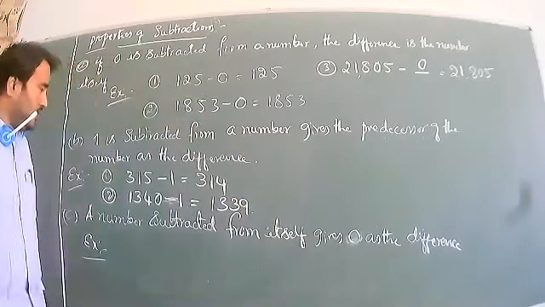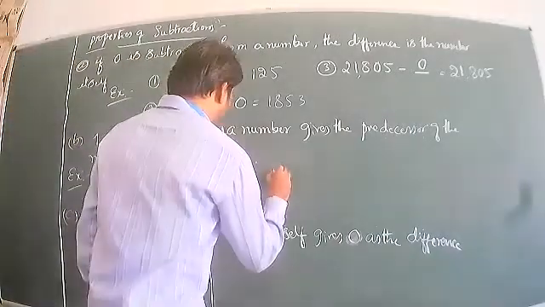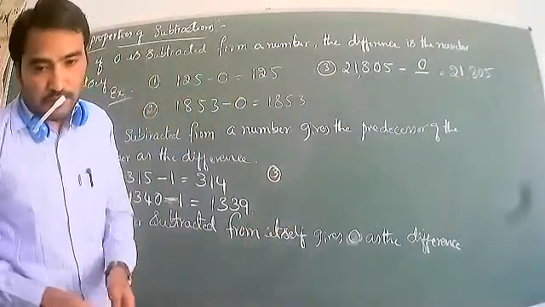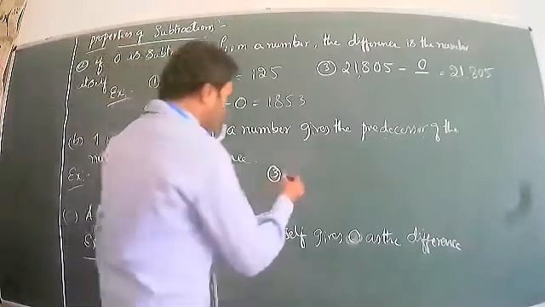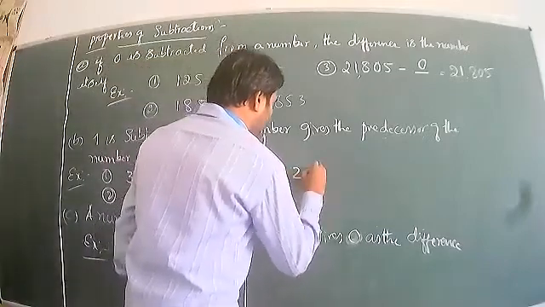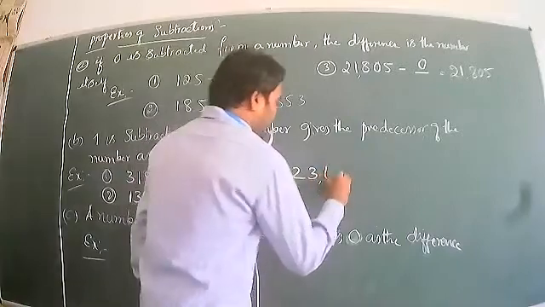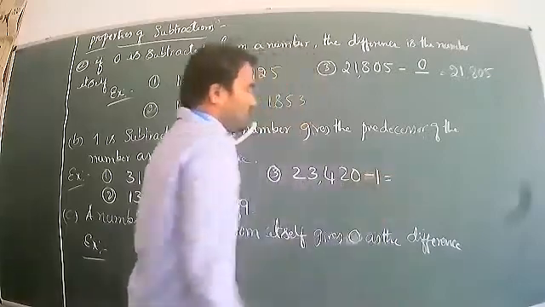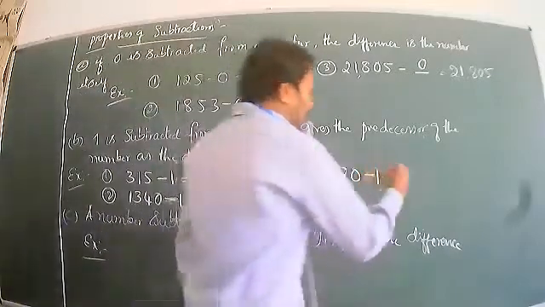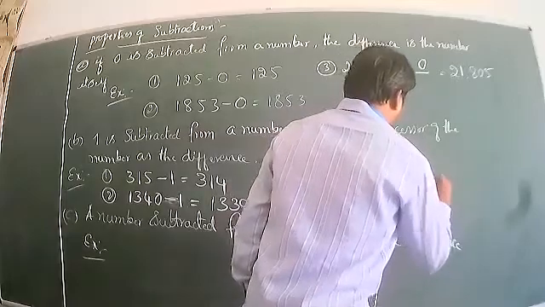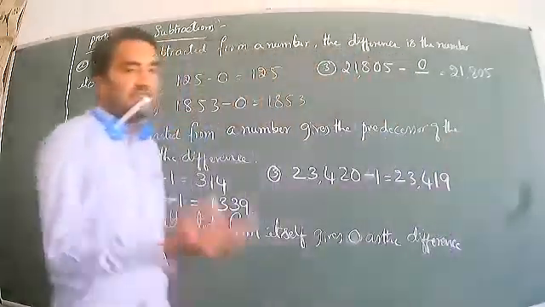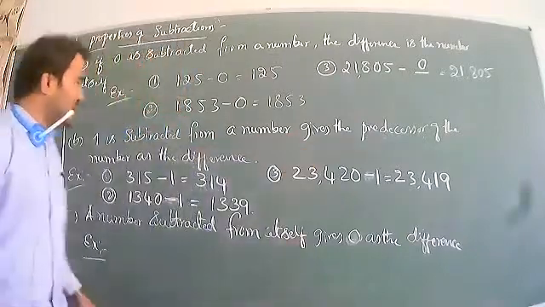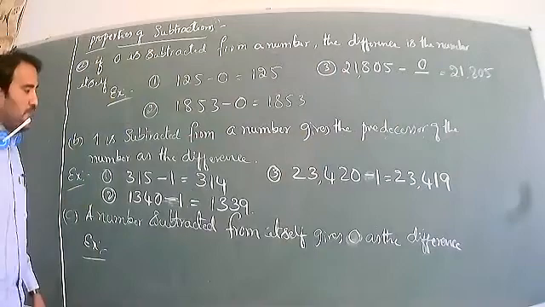So it is the before number. Now I will take another example, 23,420 minus 1. What is your answer? 23,419. So we get the previous number. So 1 subtracted from a number gives the predecessor of the number as the difference.